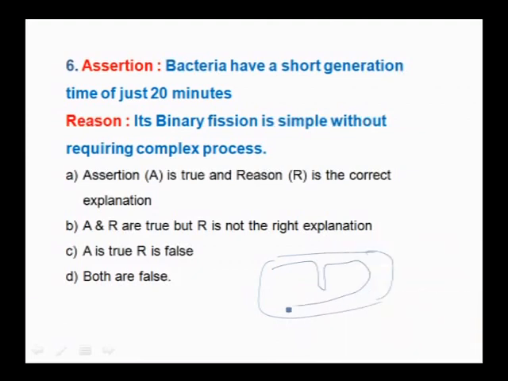So if mesosomes are like this, the two nucleoids or two sets of DNA get separated on opposite sides there. The mesosome extends further, meets the opposite plasma membrane, thereby dividing a bacterial cell into two separate daughter cells. As a result of this, we can say that the right option for this question is A.